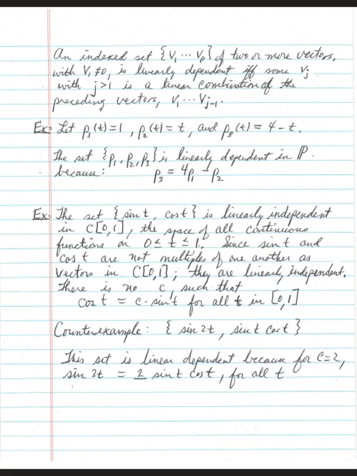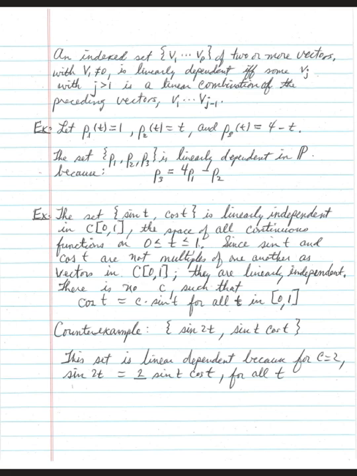What that means is there's no constant or scalar where one of your trig functions is a constant multiplier of the other, for all t in that closed interval.